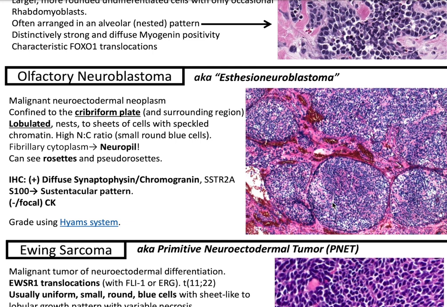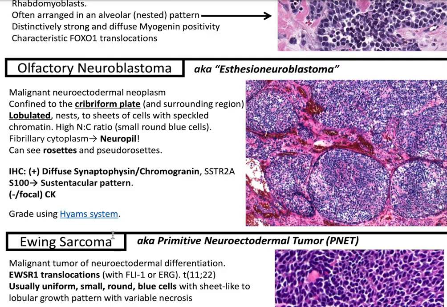You can see rosettes and pseudo-rosettes. It'll be diffusely positive for synaptophysin, chromogranin, SSTR2A, and S100 stains in a sustentacular pattern. And cytokeratin is generally negative but can be focally positive. You grade using the Hyams system.